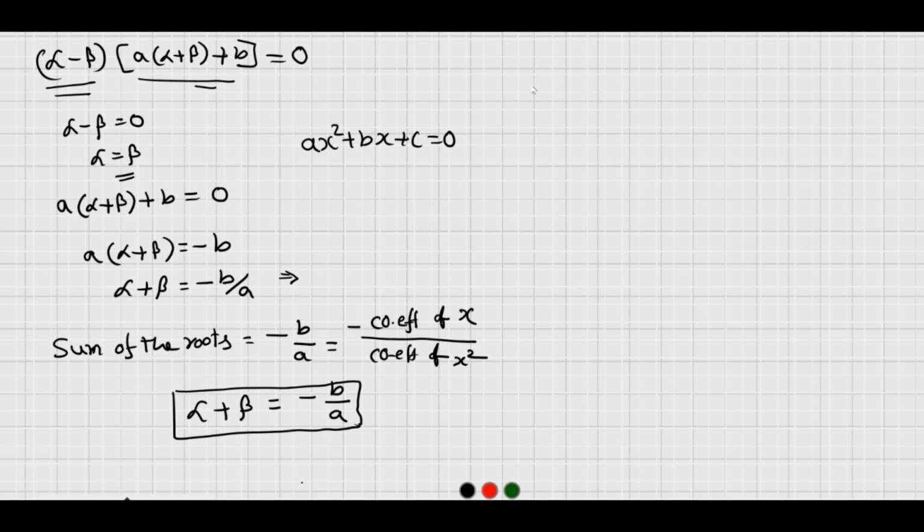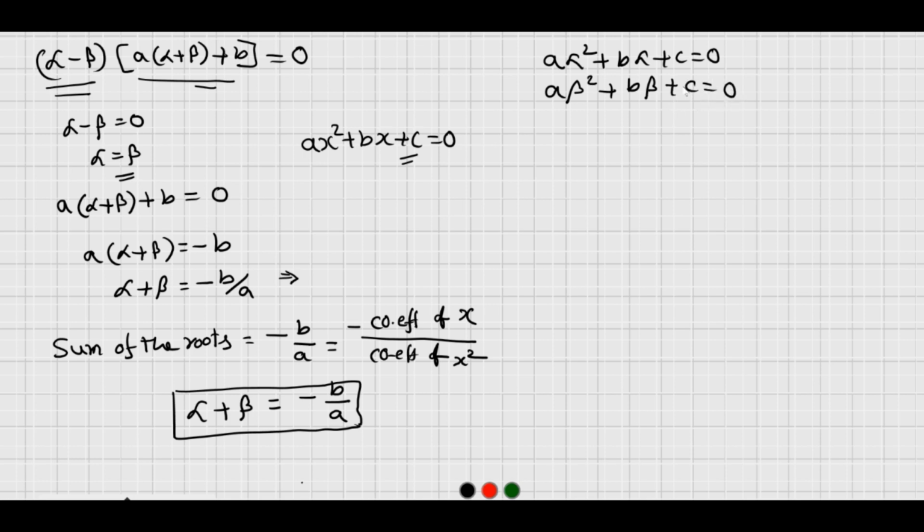As I said, we have two equations which are satisfied by the roots alpha and beta of this quadratic equation. I am rewriting here: a alpha square plus b alpha plus c is equal to 0. Another one, a beta square plus b beta plus c is equal to 0.